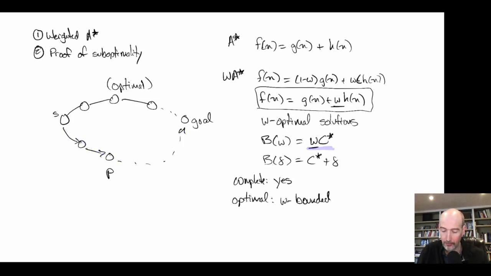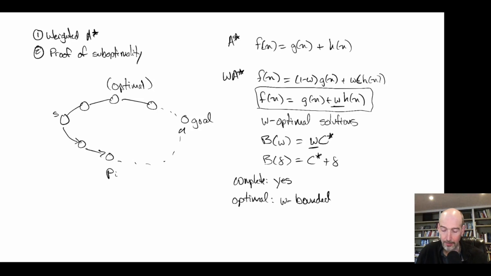So we're going to show that every node expansion here is going to have this property of being at most W suboptimal. And then we also have this optimal path, and we're going to consider what could be happening for a node on the optimal path as a point of comparison. So I have some path P, and we could call this P of i, which is the ith node.